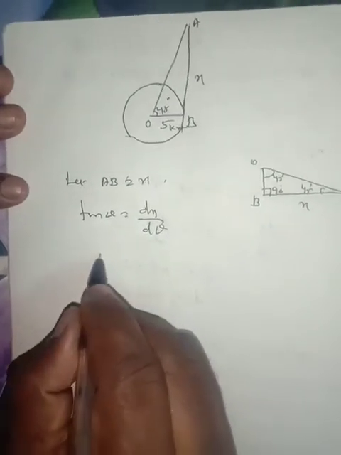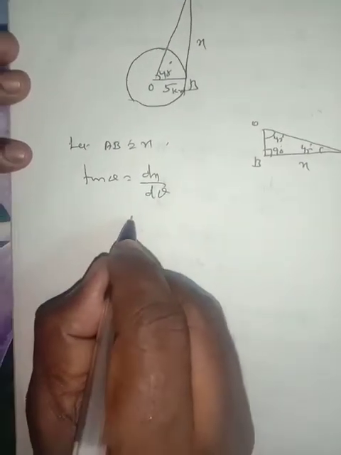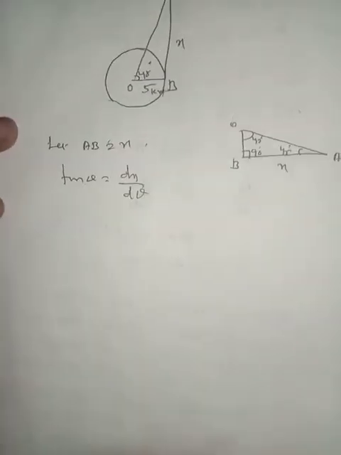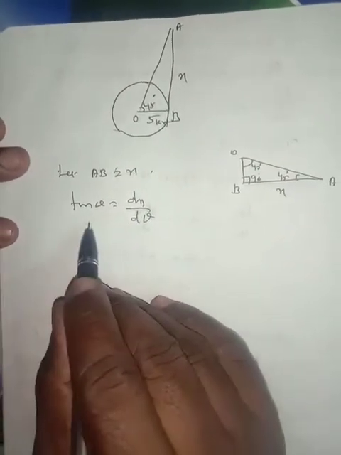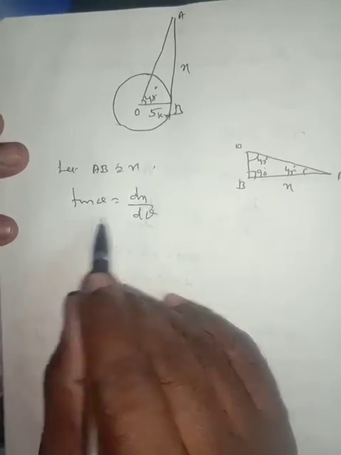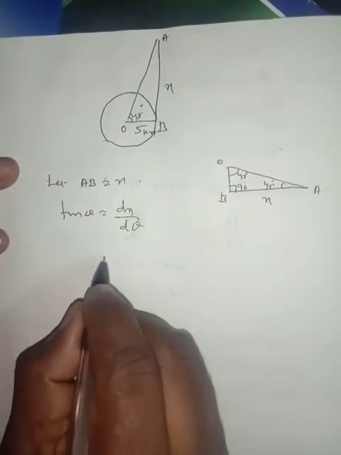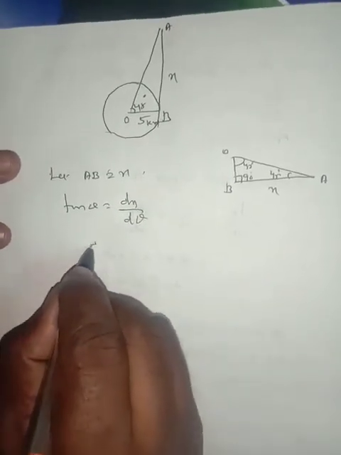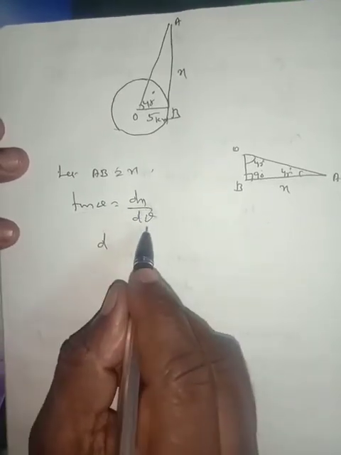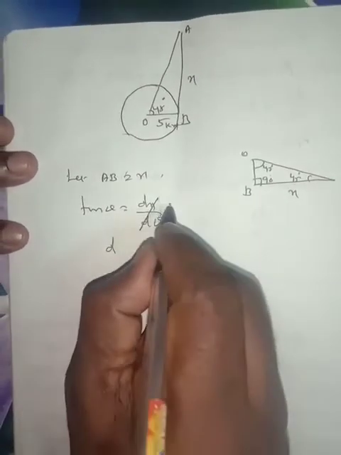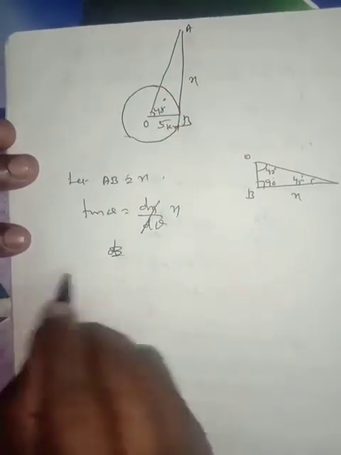First we have to take velocity, dx by d theta. From tan theta equals x by 5, cross multiplying, x is equal to 5 tan theta.